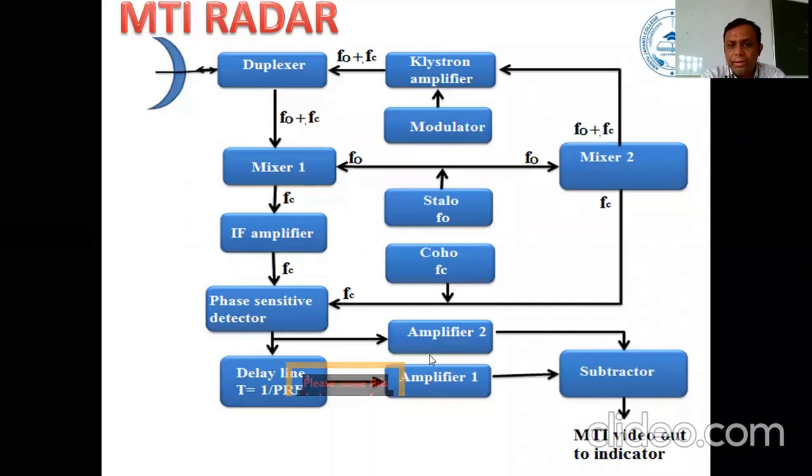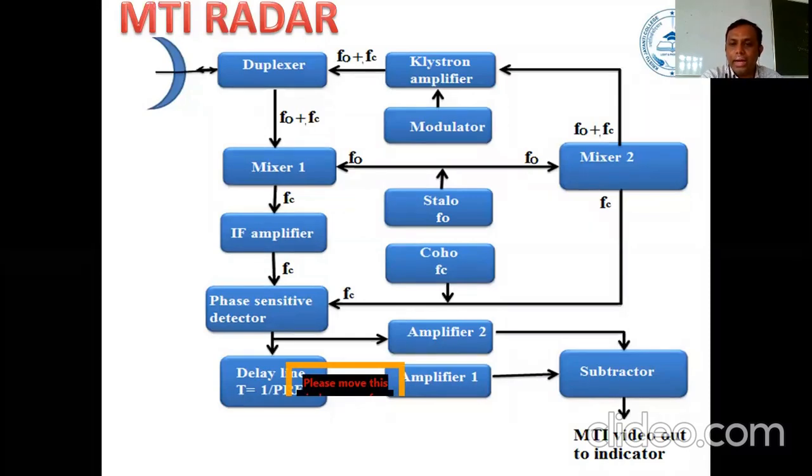Now, suppose there is no phase difference between the output of amplifier 2 and amplifier 1, then the subtractor output will be 0, and the indicator will show 0. When the indicator shows 0, it indicates that this radar has not detected any moving target.